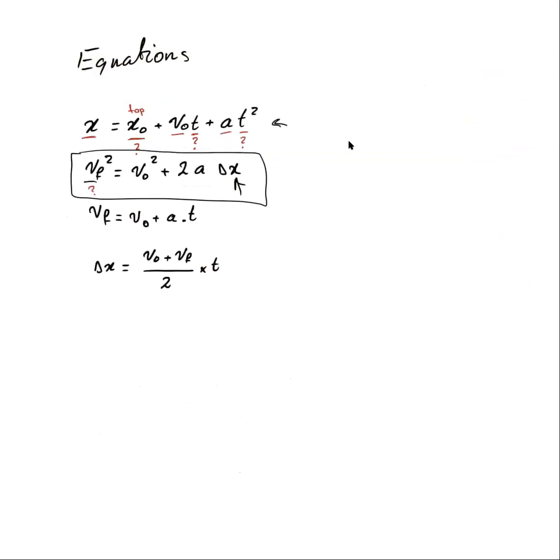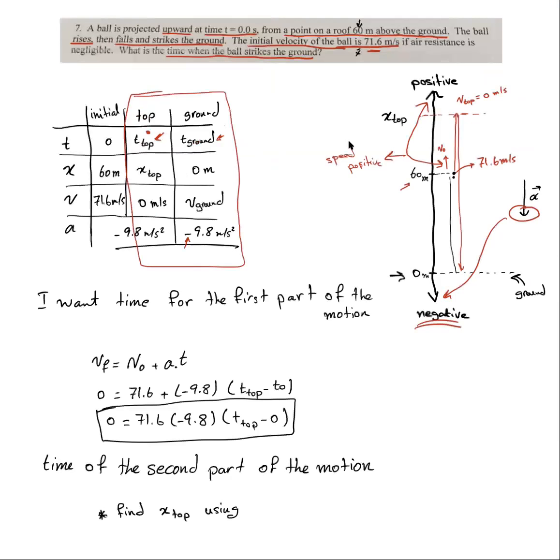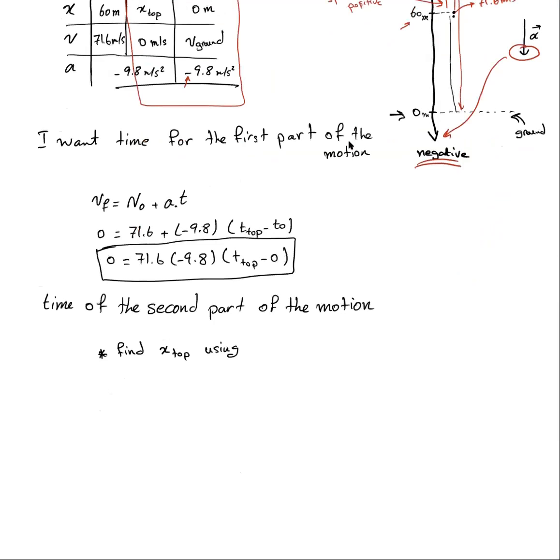This equation right here will be x initial plus v naught t plus one half a t squared. Keep in mind that this initial velocity is the initial velocity from the initial point, and the time here, the difference in time, is the time for the first part that we found in this section right here. So this is the t top. So we'll find x from that.